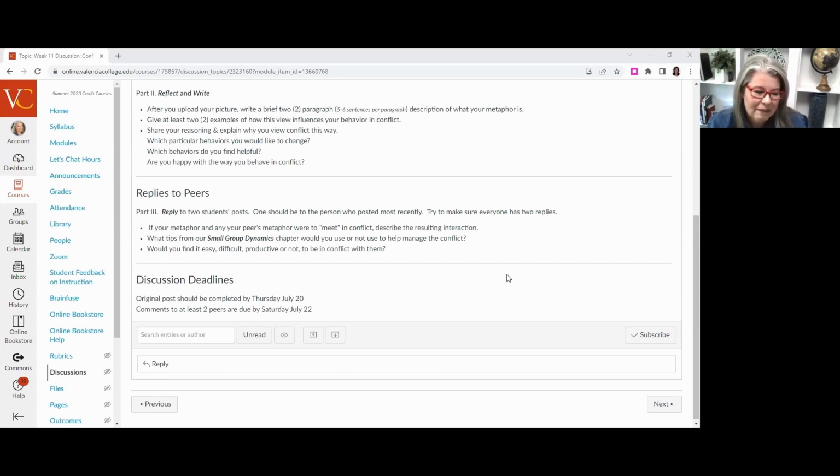That involves the students reading through and looking at all the different conflict metaphors. And then from the reading, they're supposed to look at the tips on how to manage conflict. So in this metaphor to metaphor interaction of conflict, what types of behaviors or tips would they use to help manage that conflict, and discuss that.